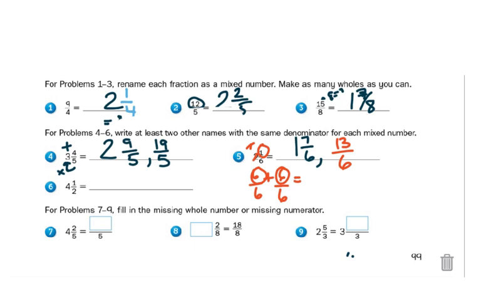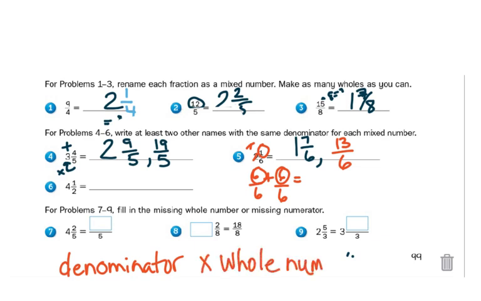For problems 7 through 9, fill in the missing whole number or the missing numerator. So here's what you do. You take the denominator times the whole number and add in the numerator, the top number. Okay, so remember that.